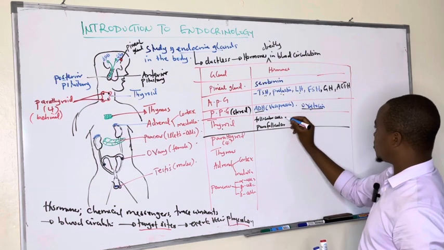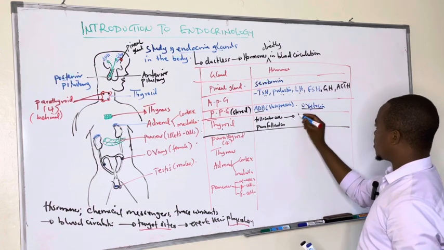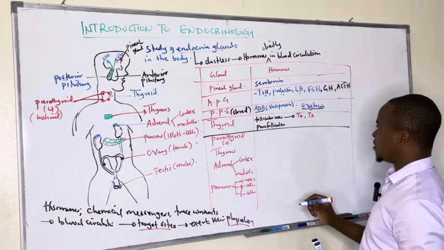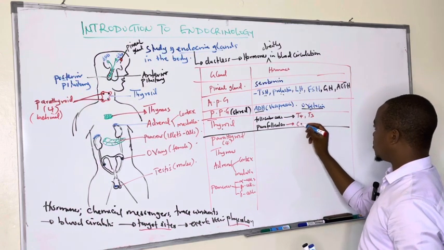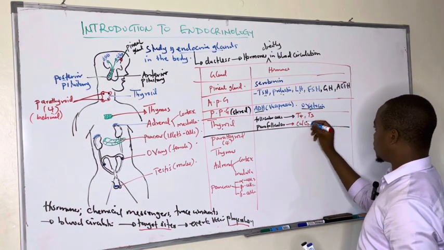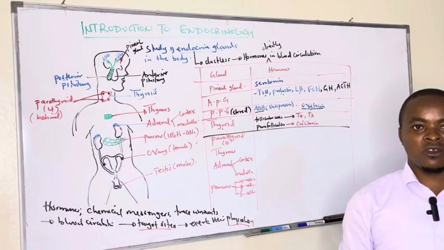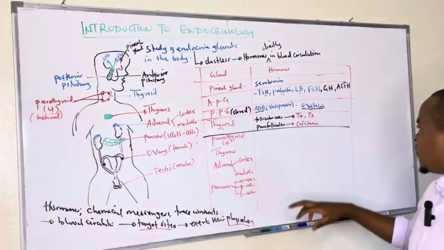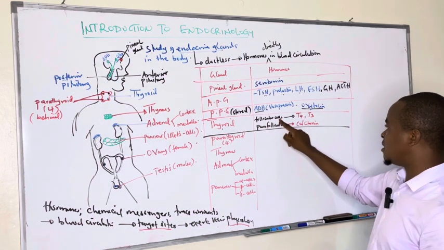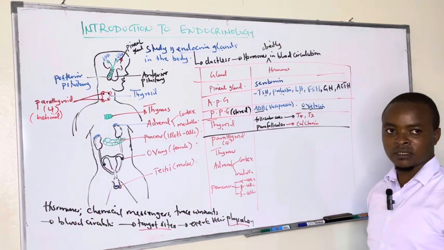Follicular cells produce T4, what we call thyroxine, and T3. Parafollicular cells produce calcitonin hormone. So these are the hormones produced by the thyroid gland: T3 and T4 from the follicular cells, and calcitonin from the parafollicular cells.